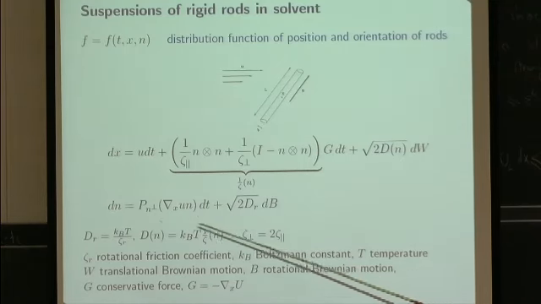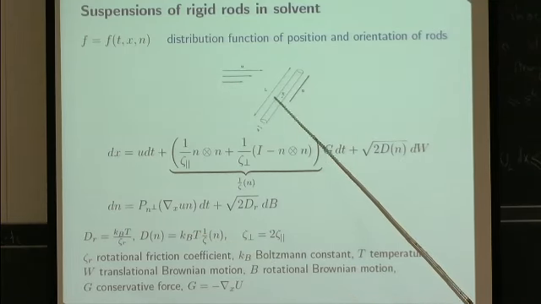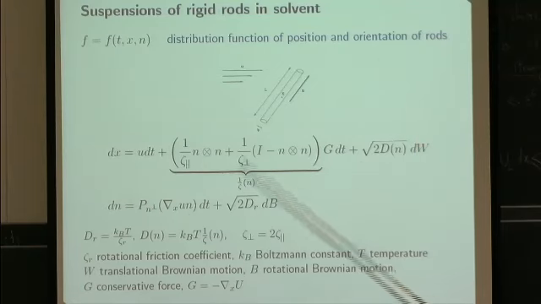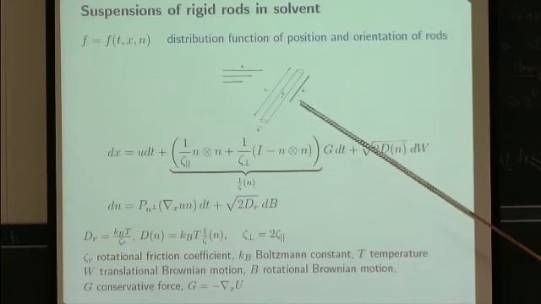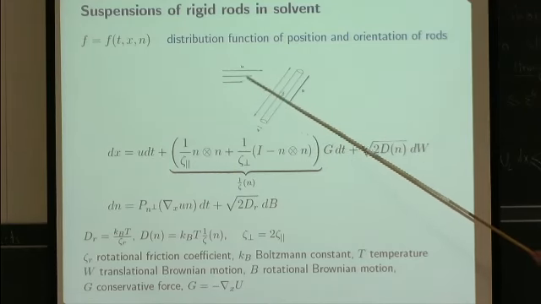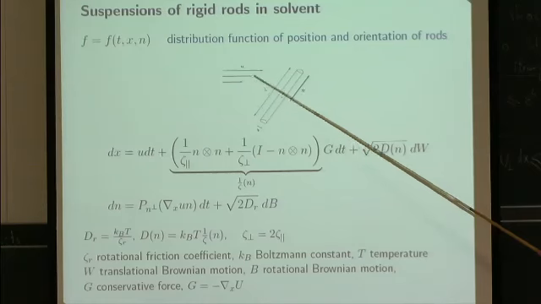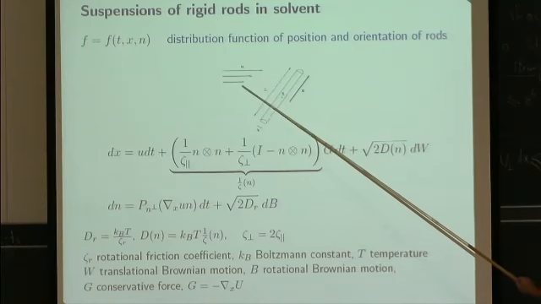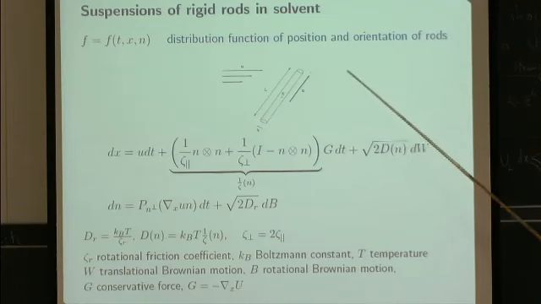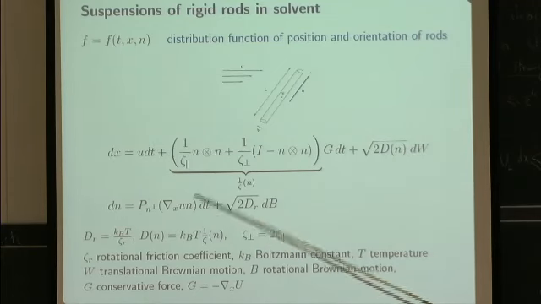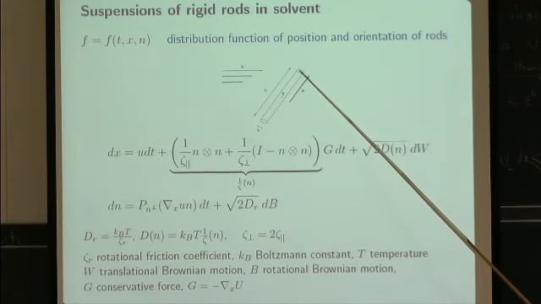Then there is the other variable, which is the variable n, which describes orientation. And here, this variable is moving with the flow, with a term that tells you, well, kinematics, that if you have some kind of flow that has a shear rate, grad_x u, then this will cause a force, and because these are rigid rods, they can only rotate.